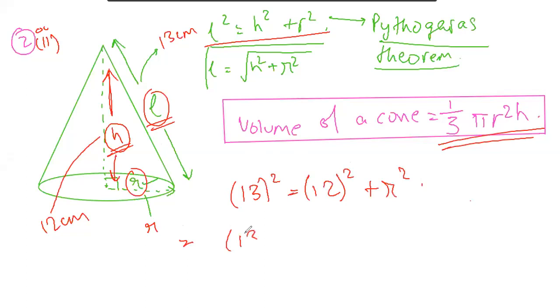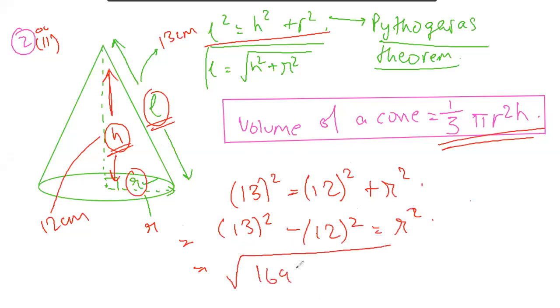So 13 whole square minus 12 whole square is equal to r square, which is equal to root 169 minus 144, which is equal to root 25 is equal to r, because this square came to LHS and became root.